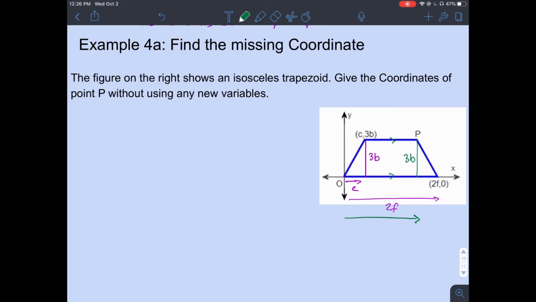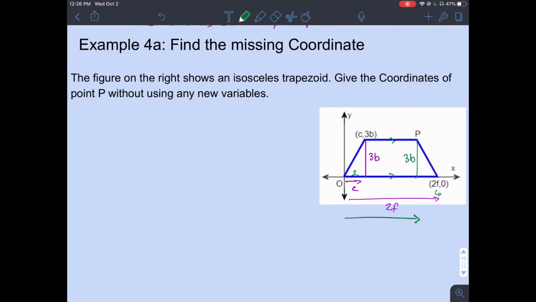Now, how do I find this distance here, if this full distance is 2F and this is C? Think about it this way. Let's say this was 6 units. Let's just put a 6 in here. And let's say this was a 2, so C equals 2. How would you know this distance here?